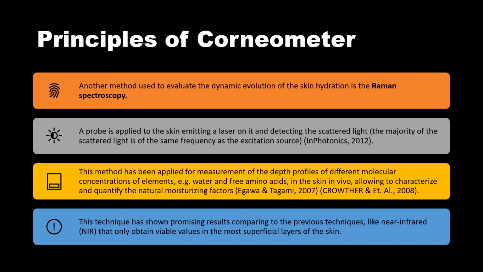So you can simply say that the corneometer is an electric equipment devised for measuring the hydration level of the skin, whereby it measures the variation in the dielectric constant of the skin, and it also measures the capacitance of the skin. It simply functions by applying a probe on the skin for a few seconds, and the results are displayed on the monitor.